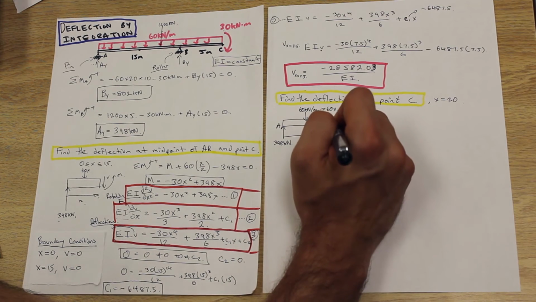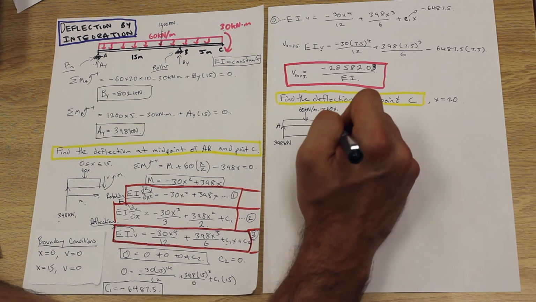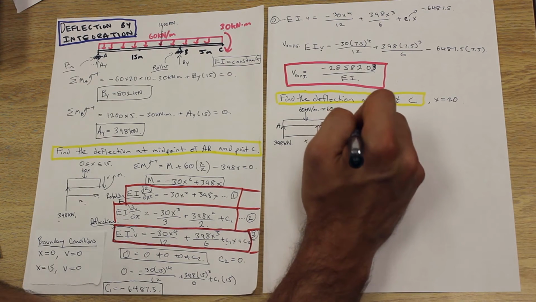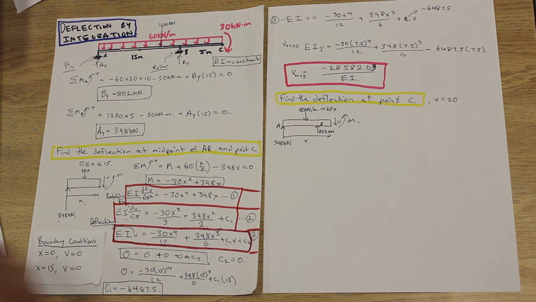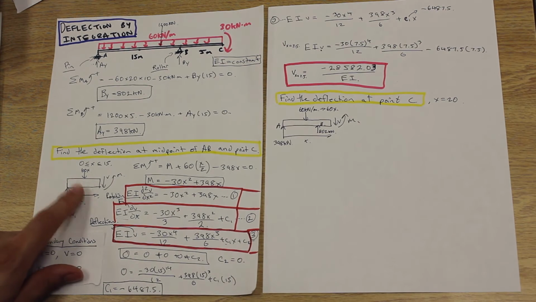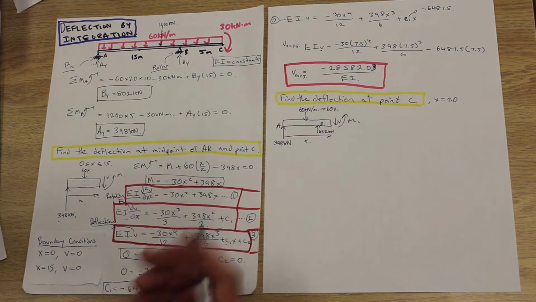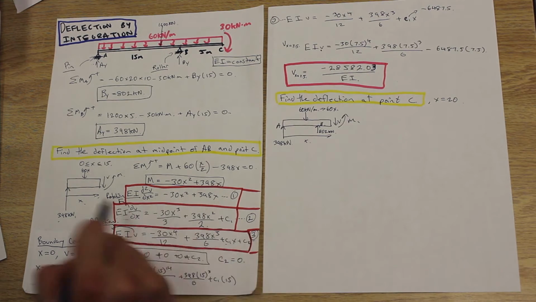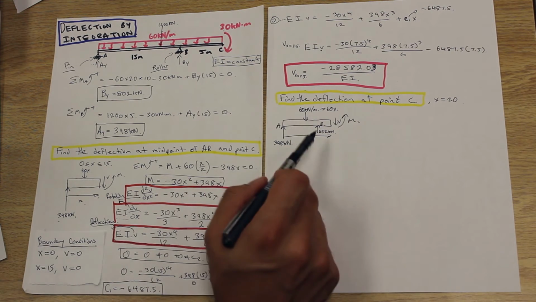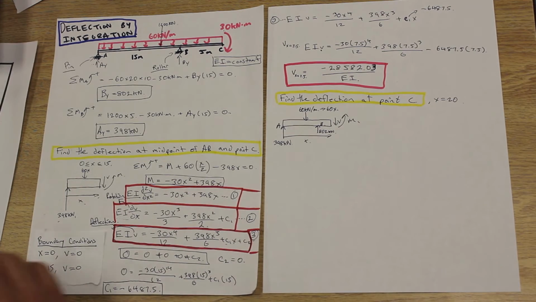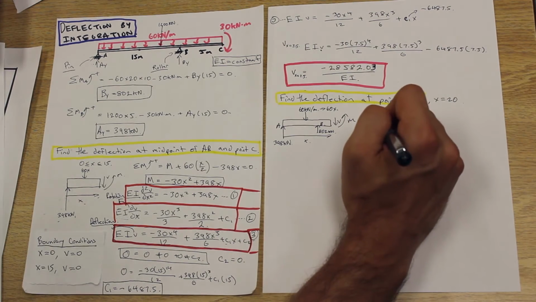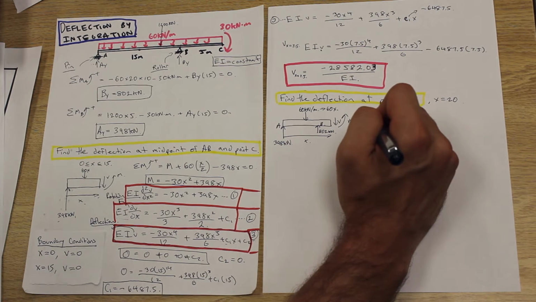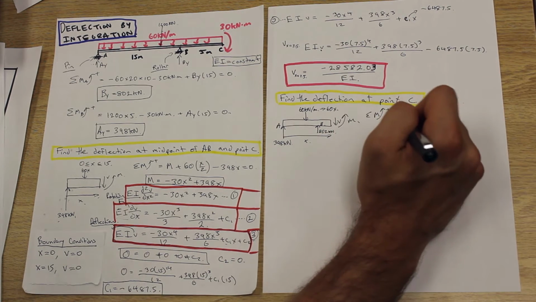Because we cut the beam here, we have our shear and we have our moment acting in this direction. So it's exactly the same thing we did in the first part of the question. We cut the beam and we're going to derive our moment equation from this information that we have here. So we have the summation of moments, and we have this moment here.